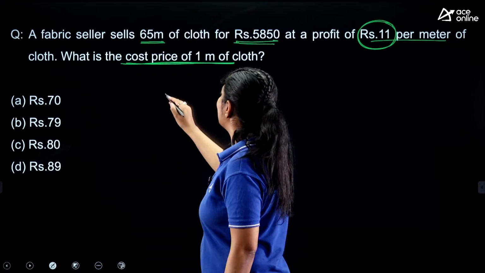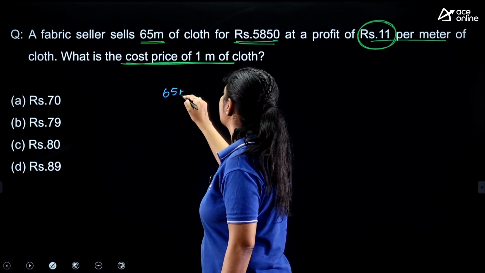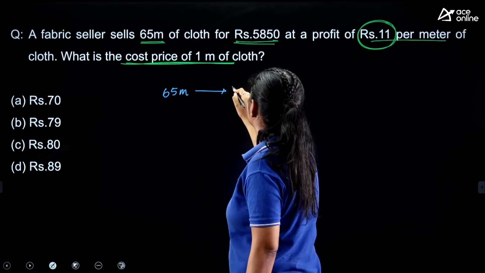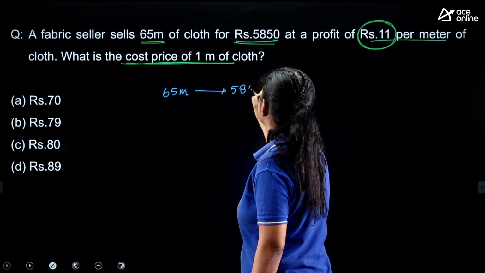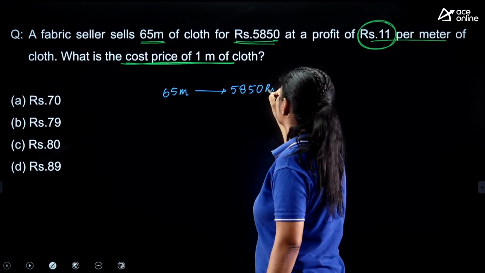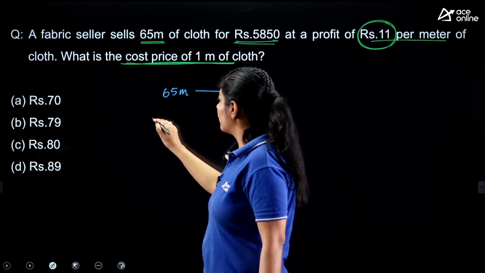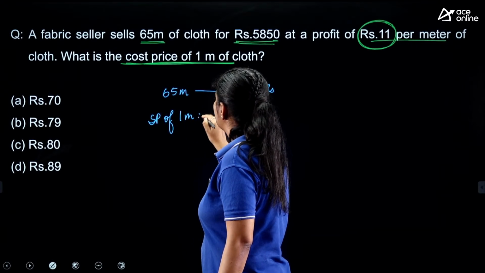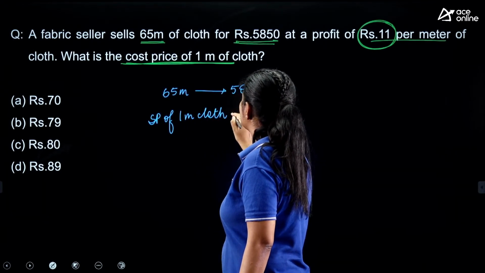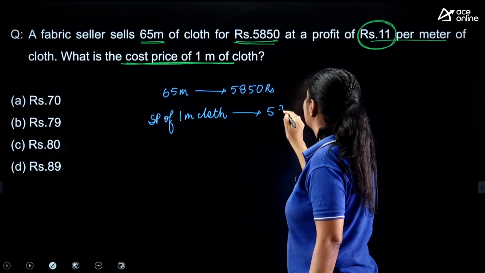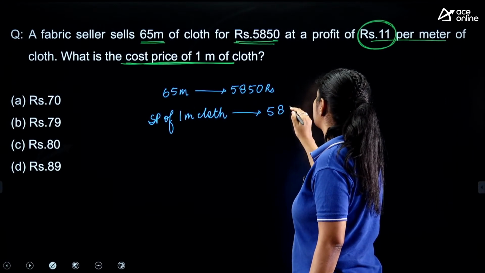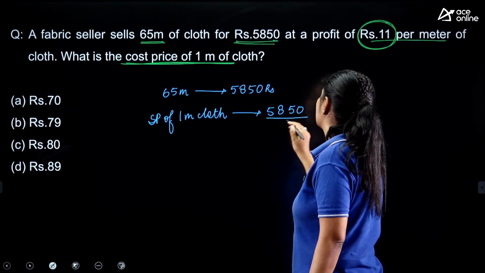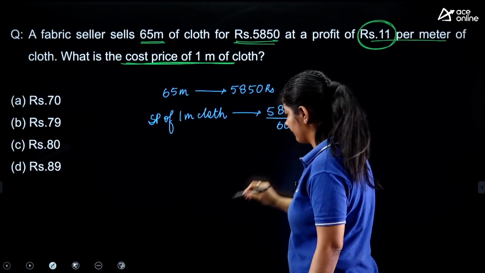The question says that a seller is selling 65 meters of cloth for 5,850 rupees. First we need to figure out the selling price of 1 meter of cloth, and that will be 5,850 divided by 65.